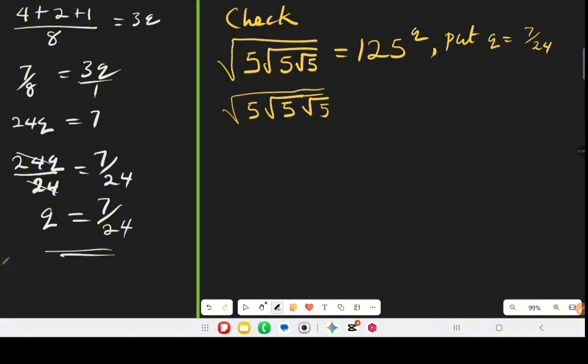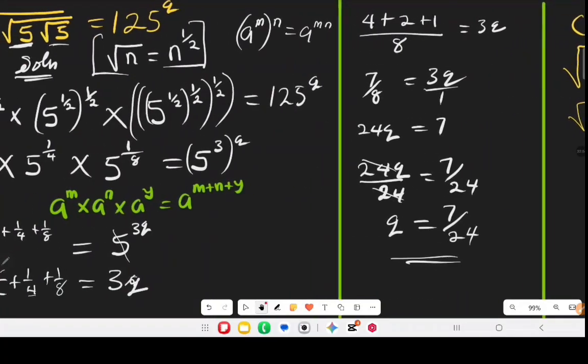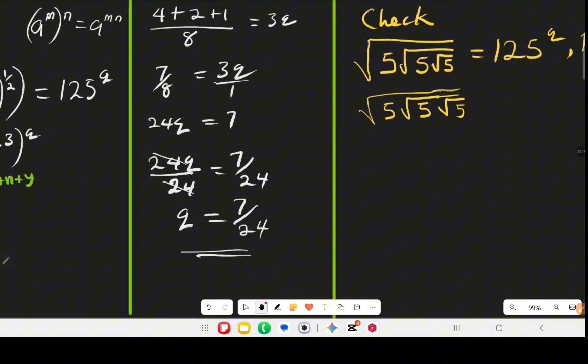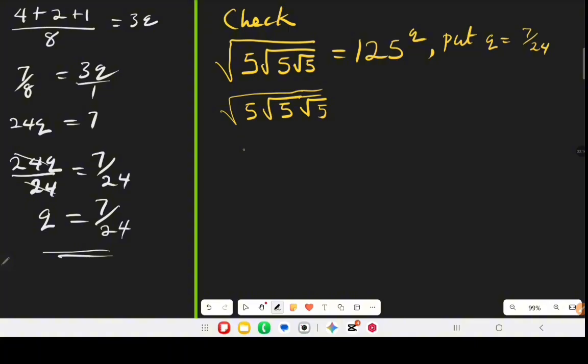Then using the last method which we used, we discover that after expressing, we are going to have 5 raised to the power of 7 over 8. Meaning all of these will be 5 raised to the power of 7 all over 8, equal to 5 raised to the power of 3q.